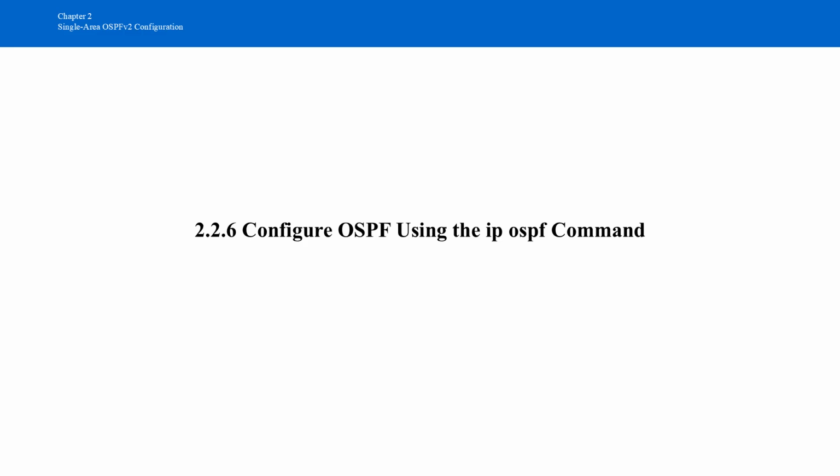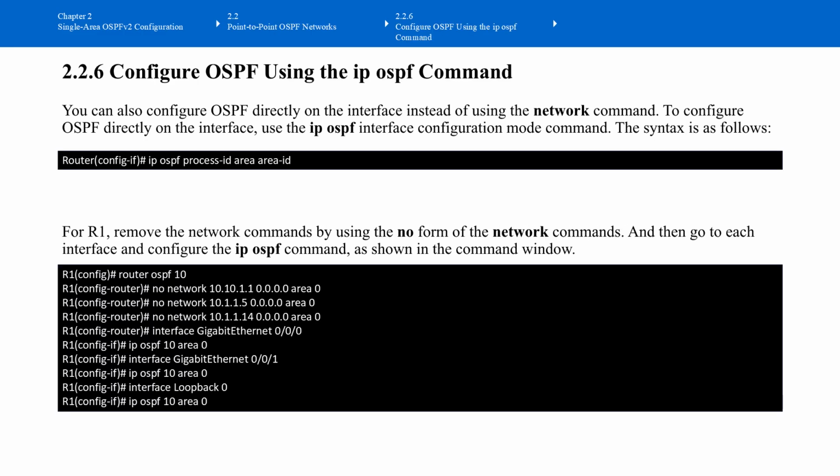2.2.6 Configure OSPF using the IP OSPF command. You can also configure OSPF directly on the interface instead of using the network command. The sample command here is, in the router interface configuration mode, you enter IP OSPF followed by process ID, area, and area ID.